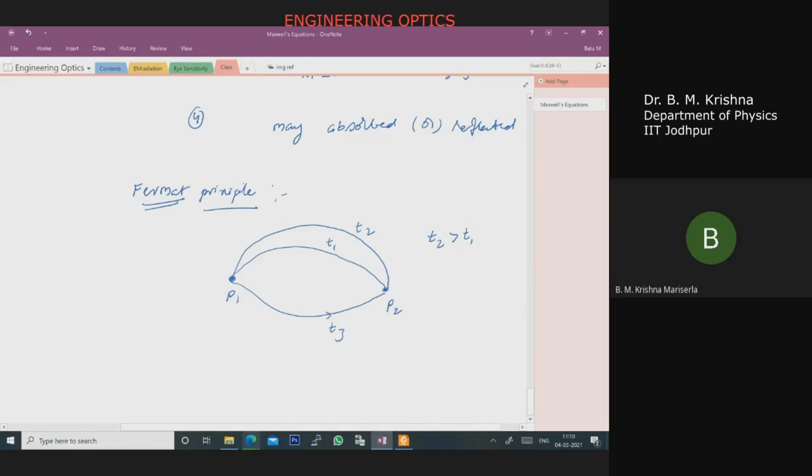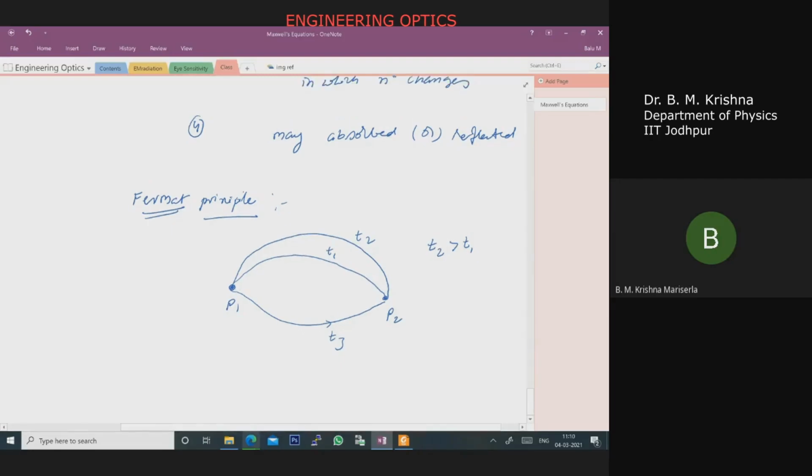Now the light propagates between these two points in the shortest time, the least time it can travel. That is the path direction of the light. That is T4. Now T4 is the shortest time light can take from P1 to P2.